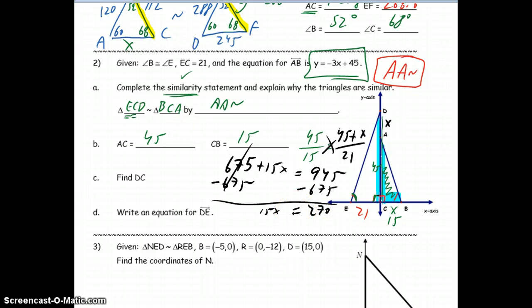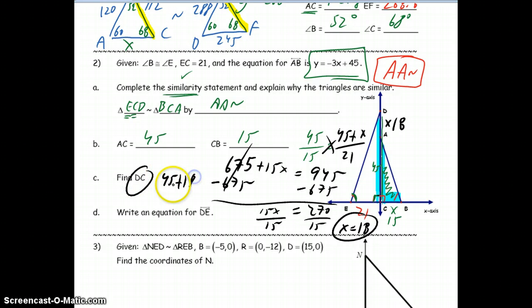And then that's divided by that. And write an equation for the slope. We just found out the change in y was 45 plus 18.